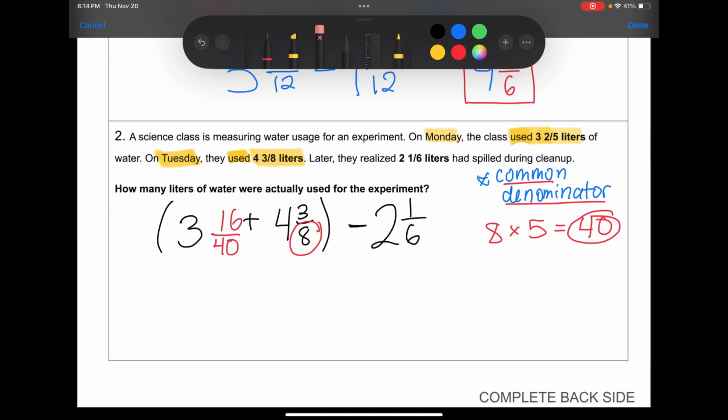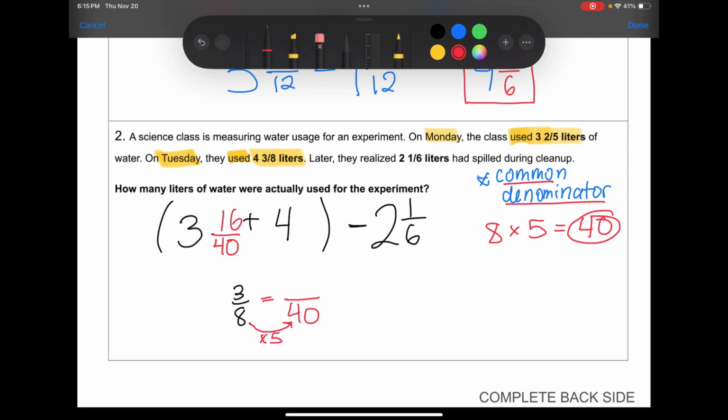Next, let's grab this fraction, 3/8. If we want to change 3/8 so that the denominator is 40, what do I have to multiply 8 by to get 40? That's right, I have to multiply it by 5.